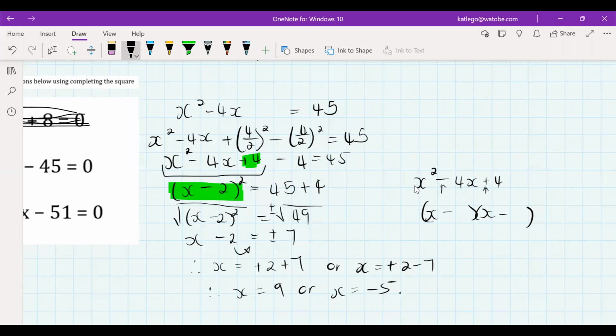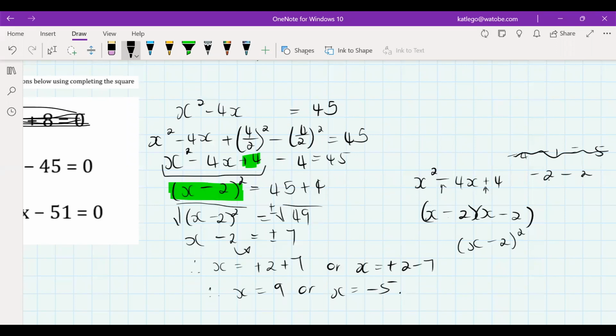Then you go to your factors of 4. 4 and 1 will not work because it will be negative 4 minus 1, which is negative 5. So we don't want those 2. We need to use factors that are 2 and 2. But then it's the same bracket. And that's where x minus 2 squared comes from.